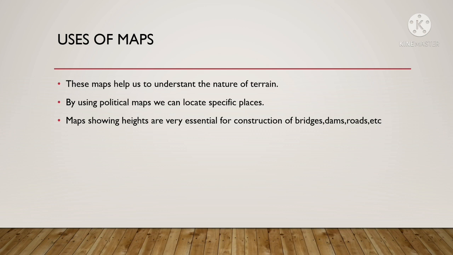These maps help us to understand the nature of terrain and also help in locating mountains, valleys, plains, etc. By using political maps, we can locate places like Mumbai, Chennai, Kolkata, etc. Maps showing heights are very essential for construction of bridges, dams, roads, etc. Constructors first refer to the heights of the place before constructing roads, dams, etc.